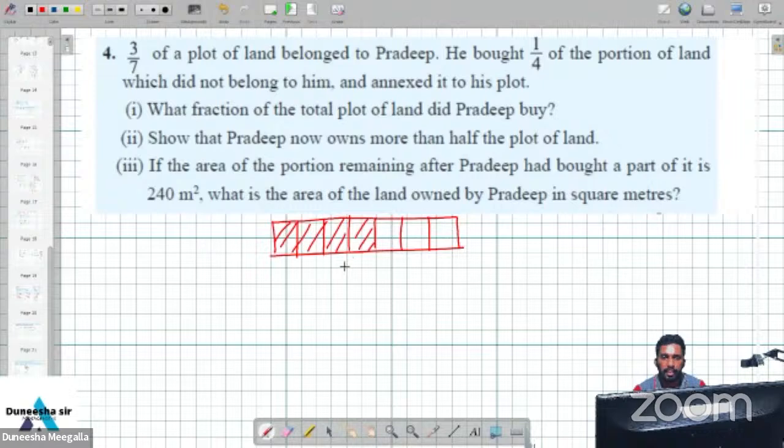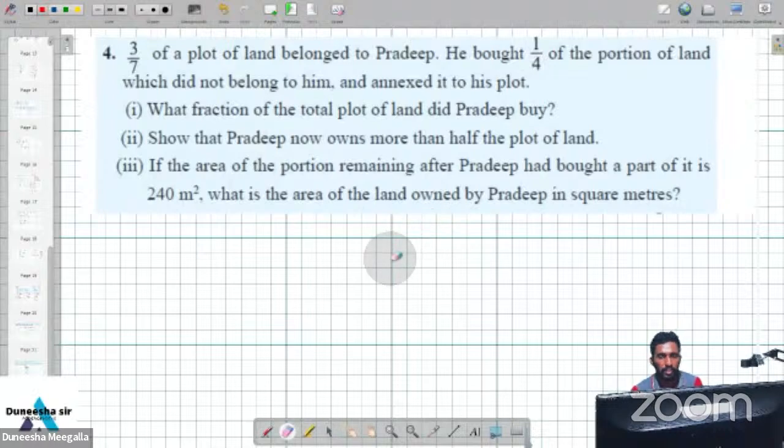You can get it. Then show that he owns more than half of the plot of land. The third one asks: if the area of the portion remaining after Pradeep bought a part of it is 240, what is the area of land owned by Pradeep in square meters?